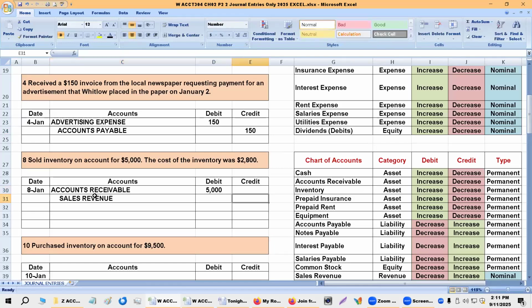And again, some people may question, well, why do we put that? I mean, we haven't got the cash yet. Why do we count that as a sale? We do it because it's been earned.